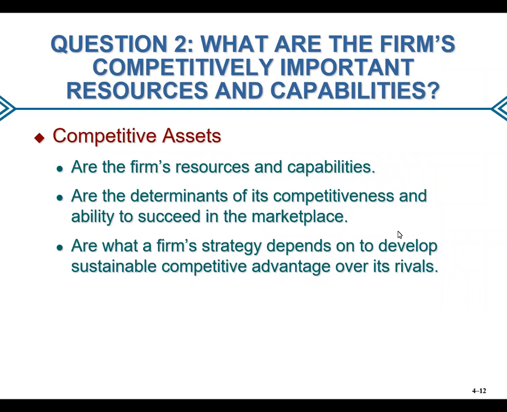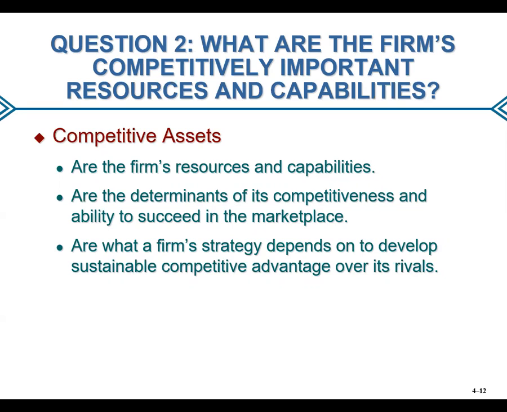The next question is, what are the company's crucial competitive resources and capabilities? That's what we call the competitive assets. They are the company's resources and capabilities. There are several types of resources.